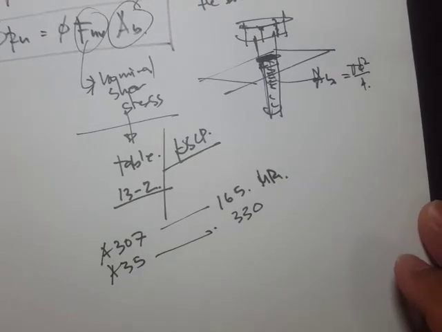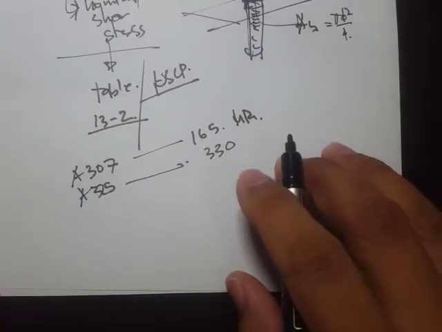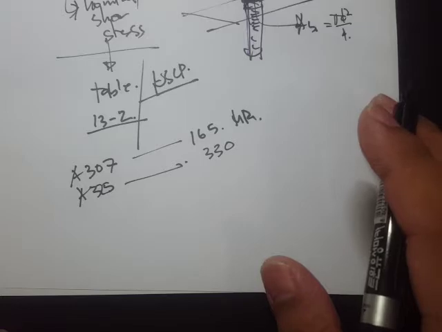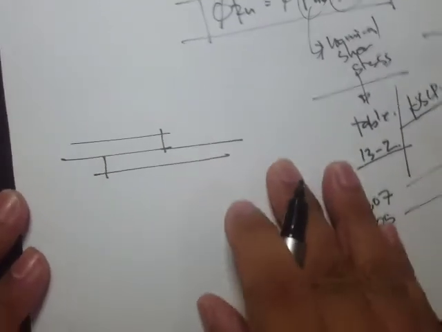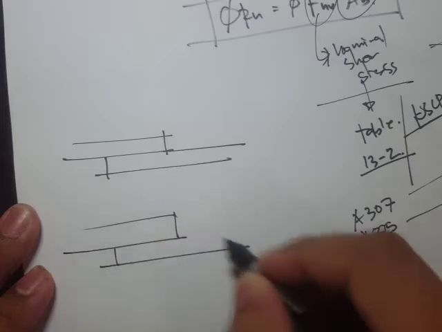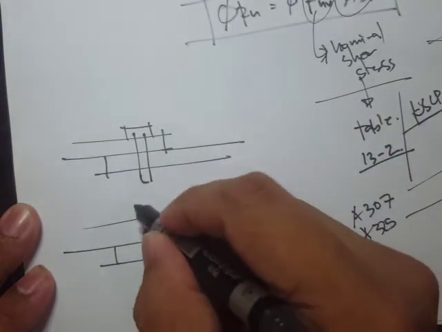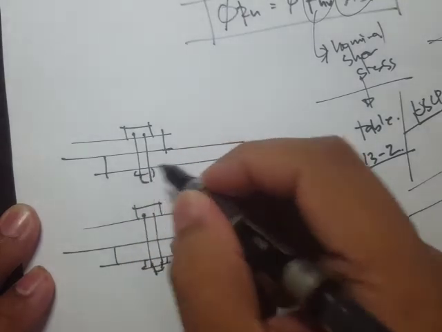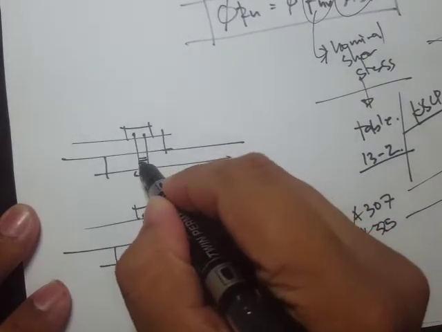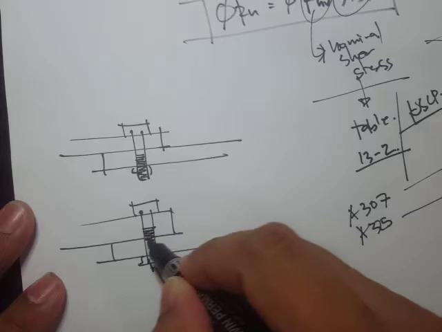Okay, so just a couple of notes. It says here we have planes excluded, and threads are not excluded. What it means is that, for example, we have this connection, and let's say this is our bolt, and the threads are only up to here, and in this figure the threads are up to here.